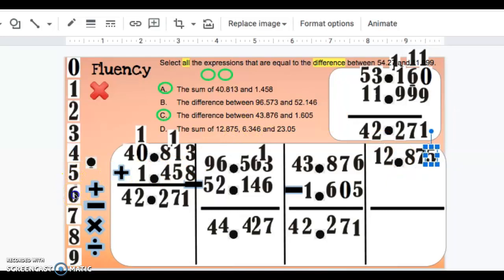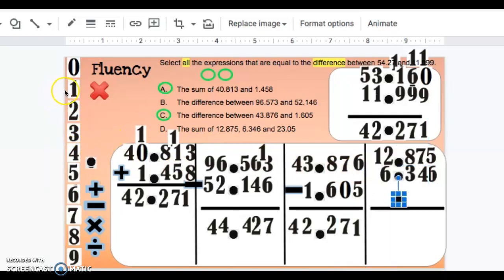and then 6 is in the 1 spot for my next number. So I put that below the ones and the 12, the number above. I put my decimal point down. I put 3 in the 10th spot, the 4 in the 100th spot, the 6 in the 1000 spot. And then my last number is 23.05. So I put my decimal point down.